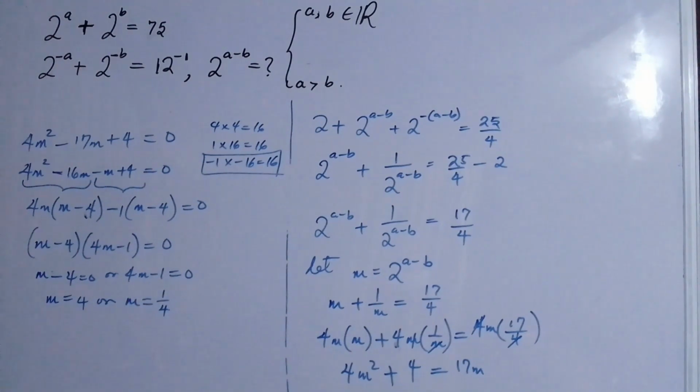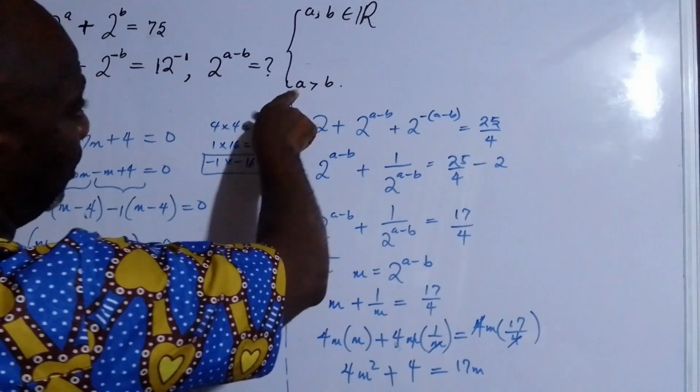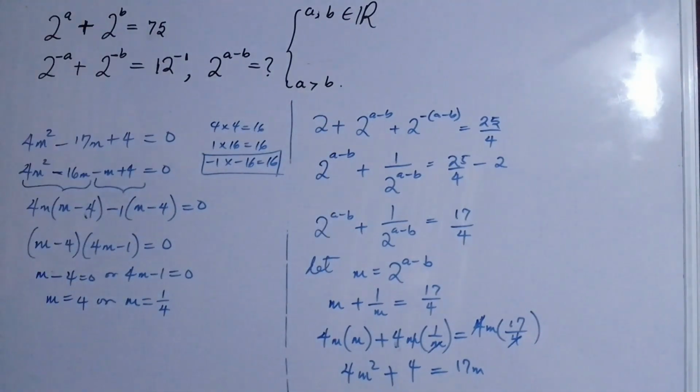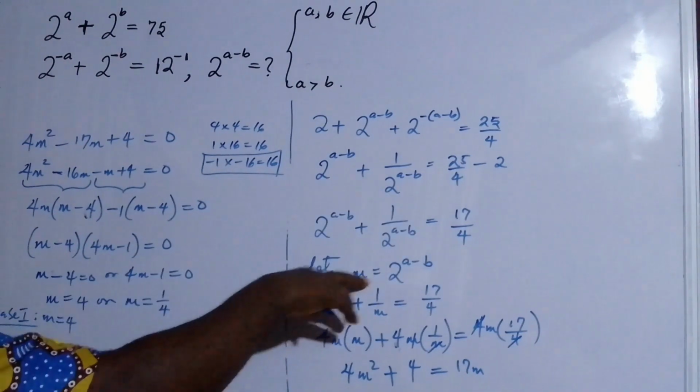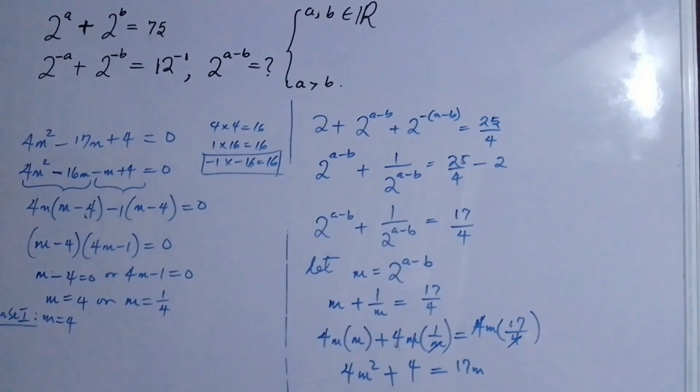Now don't forget that the condition set here is that a must be greater than b. So we have two cases. Case 1, m equal to 4. m represents 2^(a-b), so that means 2^(a-b) will be equal to 4, which is 2^2.